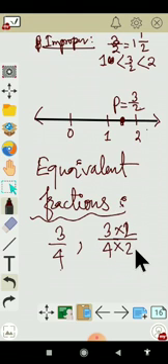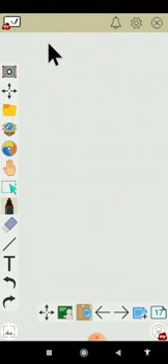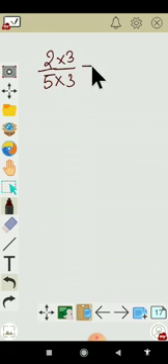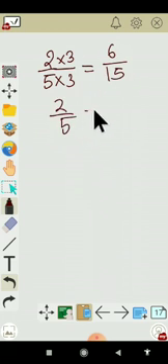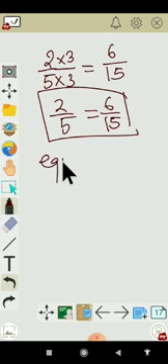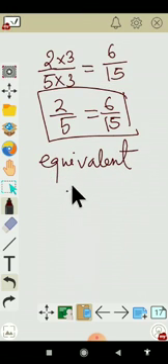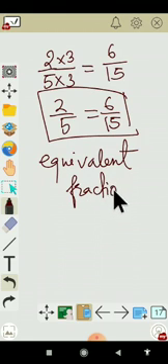Suppose we multiply 3 by 4 by 2, we get 6 by 8. 6 by 8 and 3 by 4 are equivalent. Their values are always the same. So we can write an equivalent of 2 by 5: just multiply the same number with the numerator and denominator, and you will get an equivalent. So 2 by 5 is equivalent to 6 by 15. These are equivalent fractions.